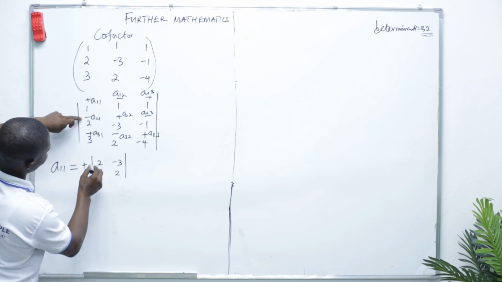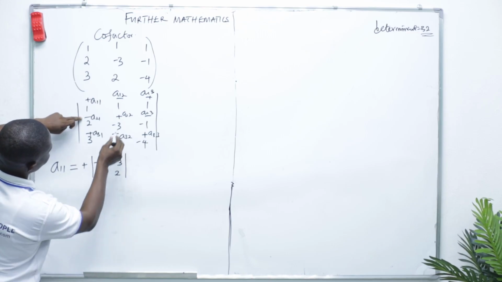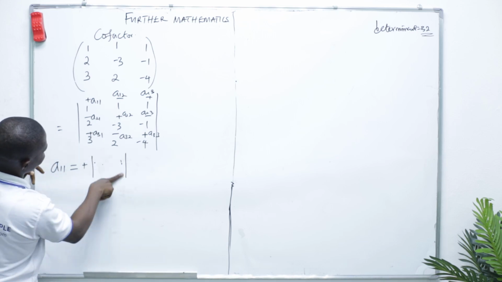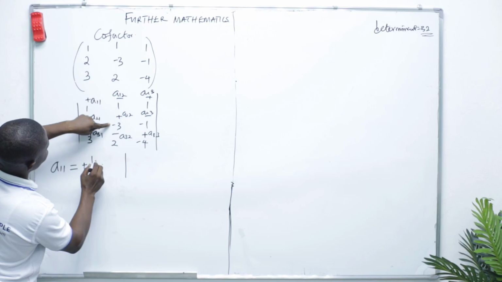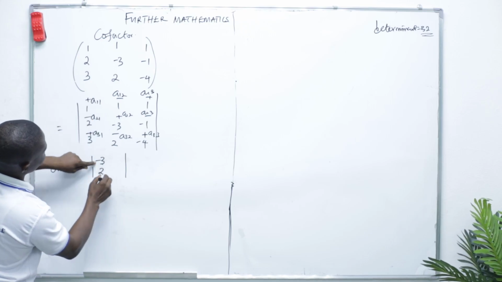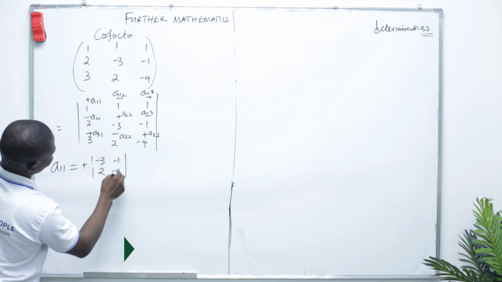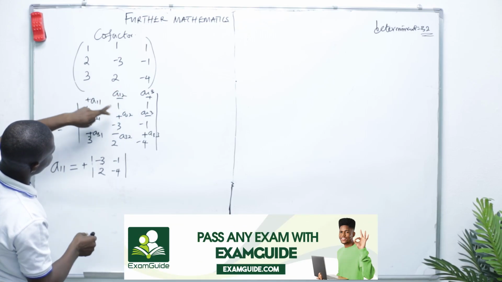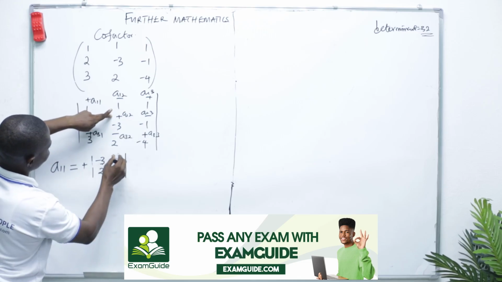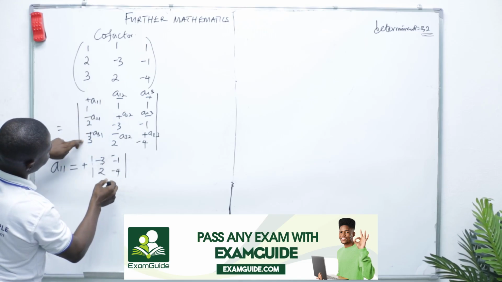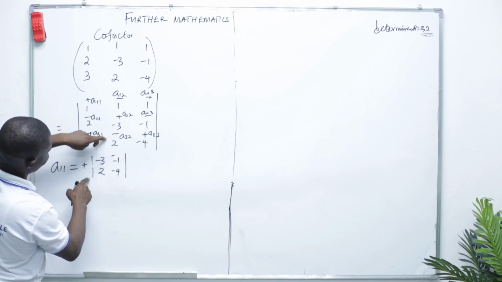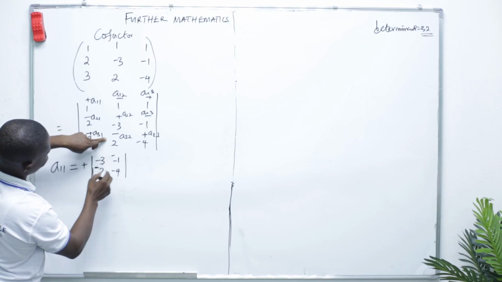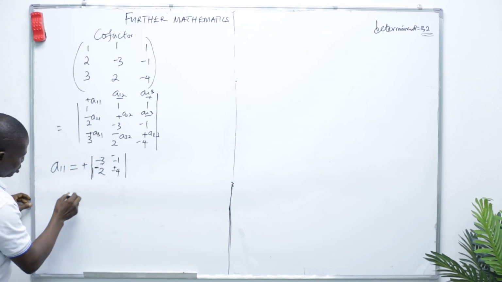I'm taking minus 3, 2, minus 1, minus 4 with the signs plus, minus, plus.